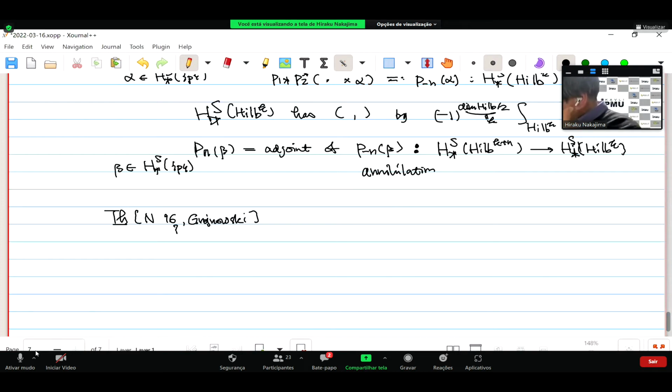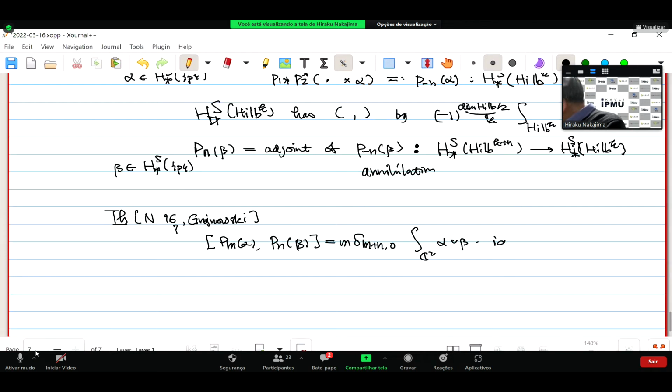So these operators satisfy the Heisenberg relation. So you have this inner product of alpha and beta on theta.